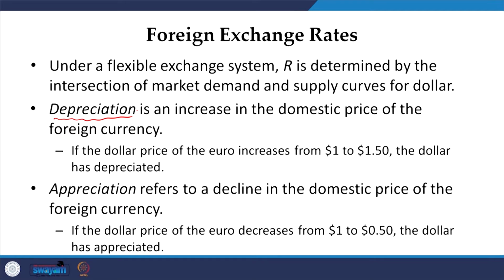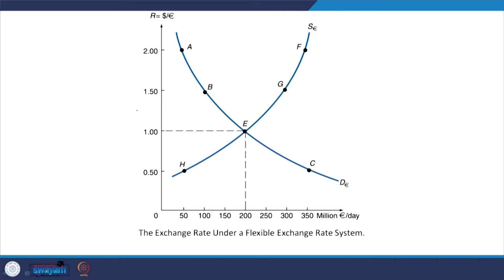Now, coming to the reverse side, called appreciation: appreciation of a currency refers to a decline in the domestic price of the foreign currency. If the dollar price of the euro decreases from 1 to, let us say, $0.5, then the dollar has appreciated. Now, here is a diagram which explains the exchange rate between euro and dollar.